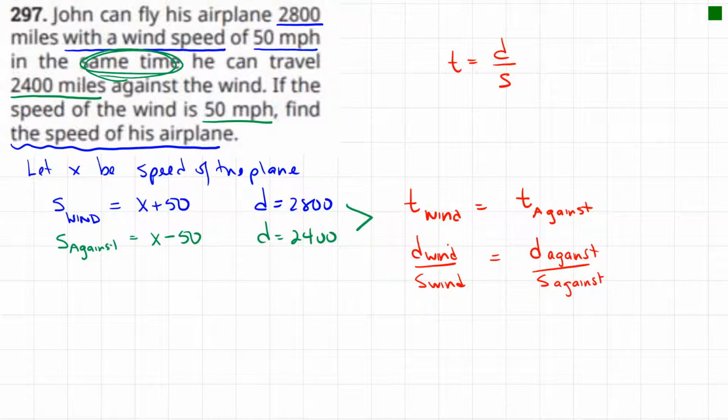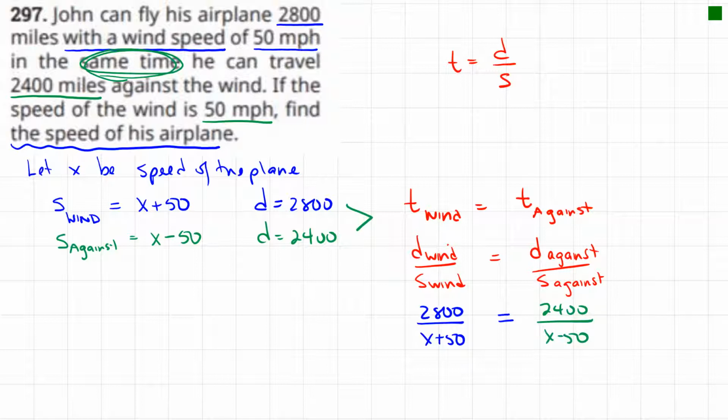So now we can just plug and play our numbers. The distance going with the wind is 2,800, and the speed with the wind is x plus 50. Against the wind we've got 2,400 and x minus 50.